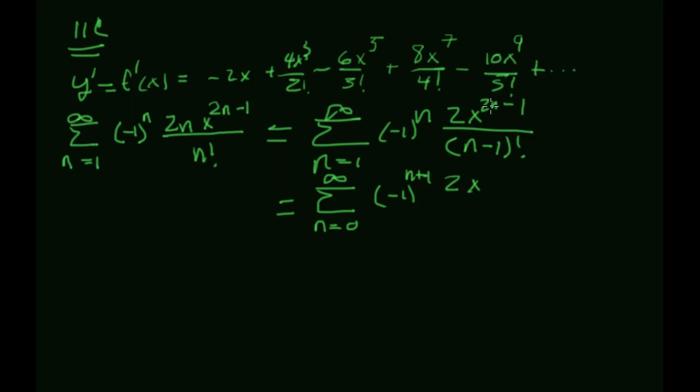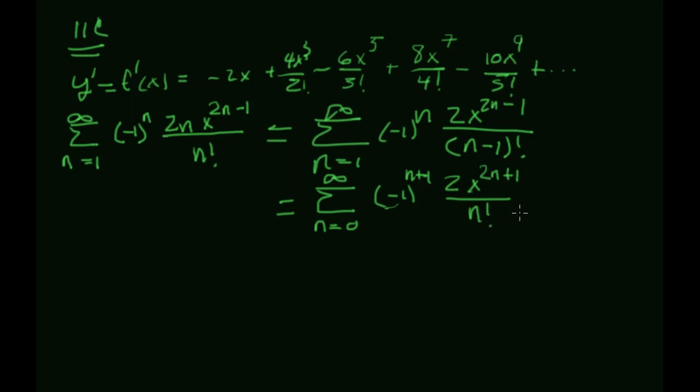The exponent has to go up by 2. This is currently 2n minus 1, so I'm going to get 2n, and if I make the n into n plus 1, this is going to give me 2n plus 1. And the n minus 1 has to go up by 1 as well, so that's n factorial.